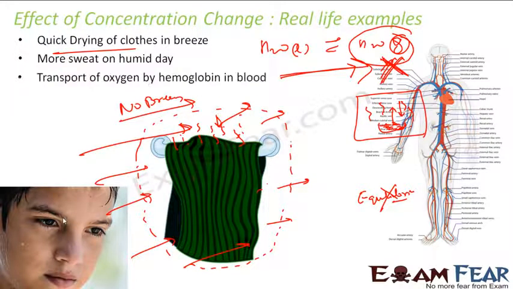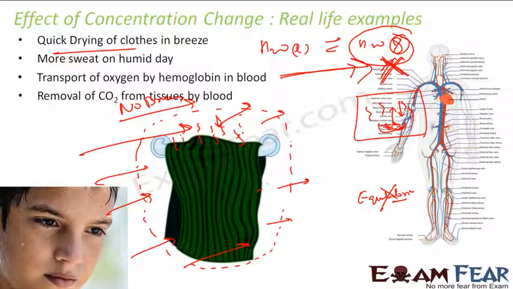Also, if you see, this equilibrium of concentration plays a vital role in the blood. The blood transports oxygen via hemoglobin, and it works totally on equilibrium. So equilibrium plays a critical role in the transport of oxygen in our blood.